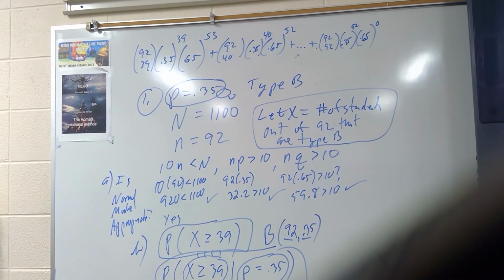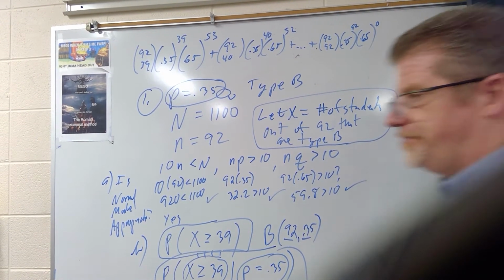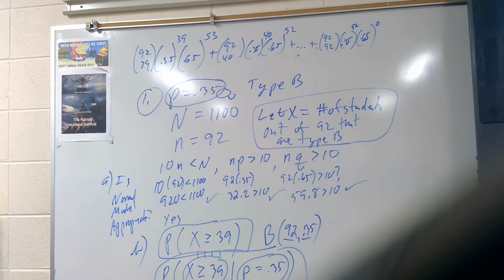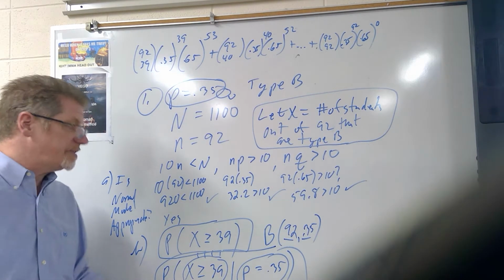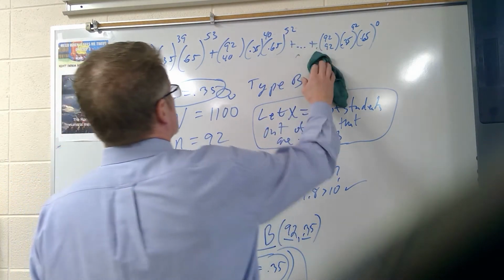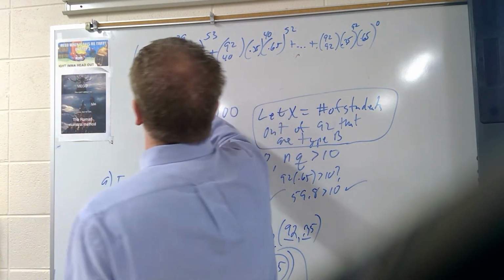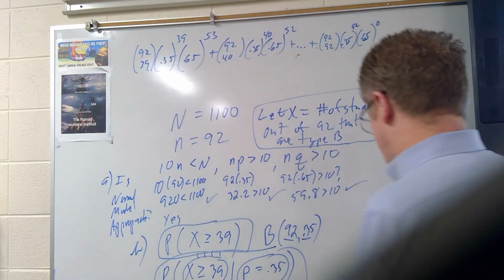Okay, so now the calculator notation using binomial CDF, which is designed to give you the left portion of the probability distribution. Well, we want the right portion. We want from X equals 39 all the way to the right.